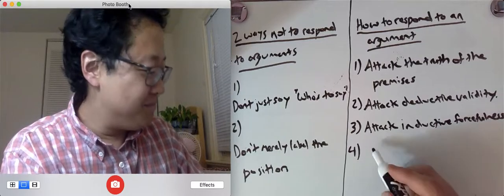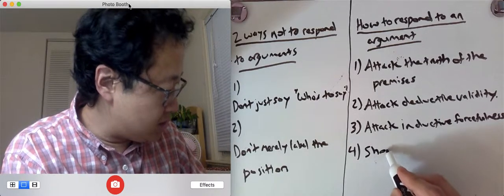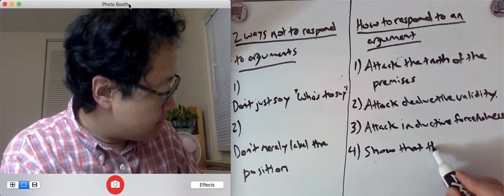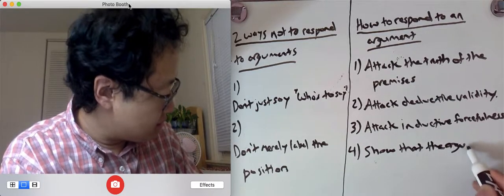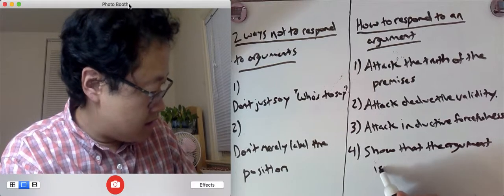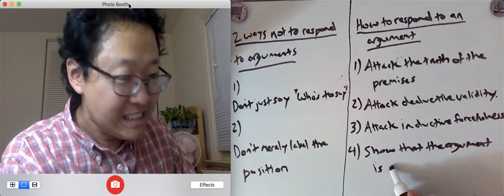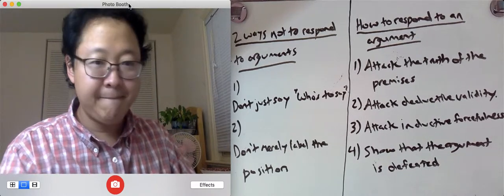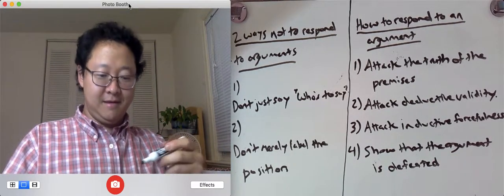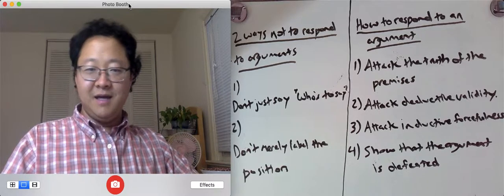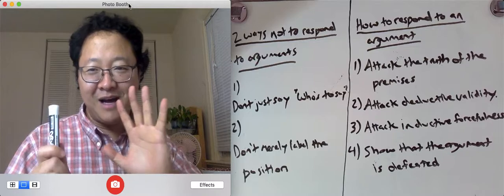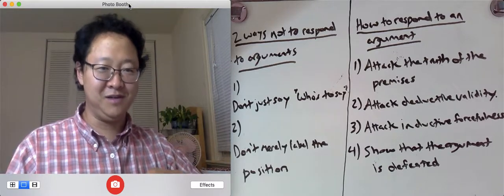Which is to show that the argument, starts with a D, is defeated. And that's the last step to trying to block the rational persuasiveness of an argument.